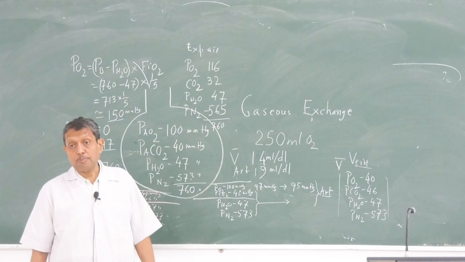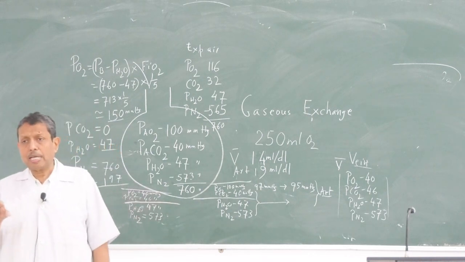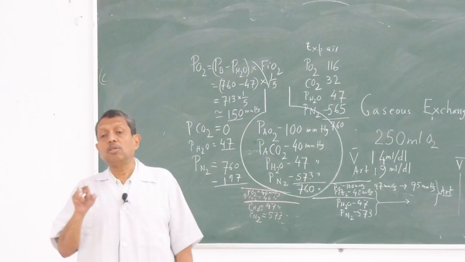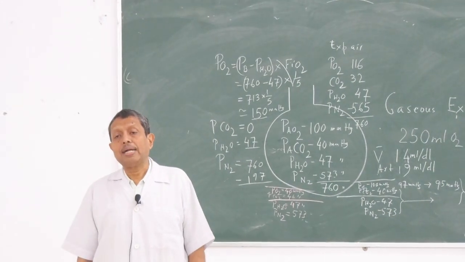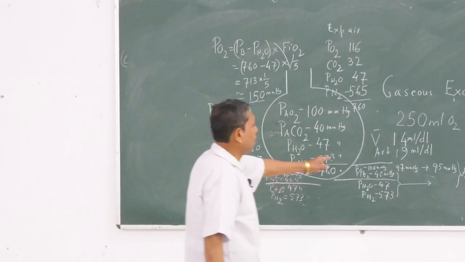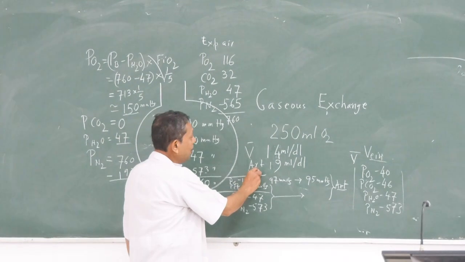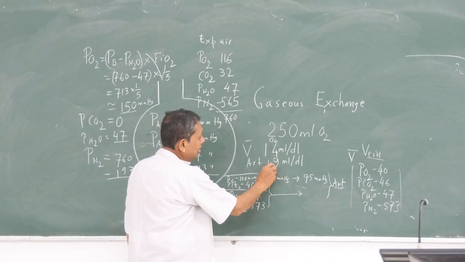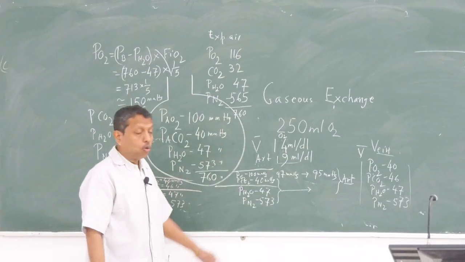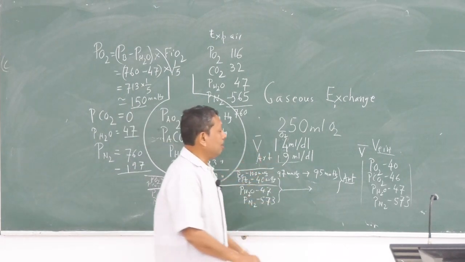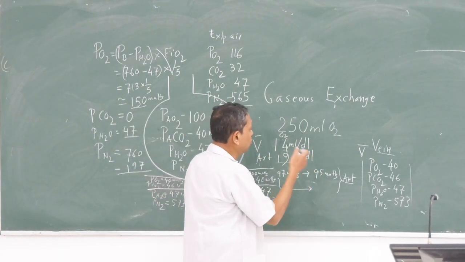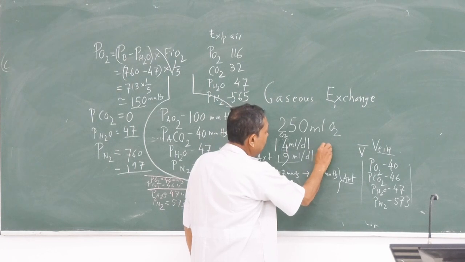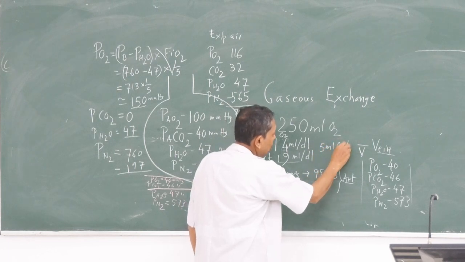Mixed venous blood, that is from the pulmonary trunk, in the pulmonary capillaries, its oxygen content per 100 ml is 14 ml of oxygen, and arterial blood it is oxygen content 19 ml. So every deciliter or 100 ml, it will absorb 5 ml of oxygen per 100 ml.